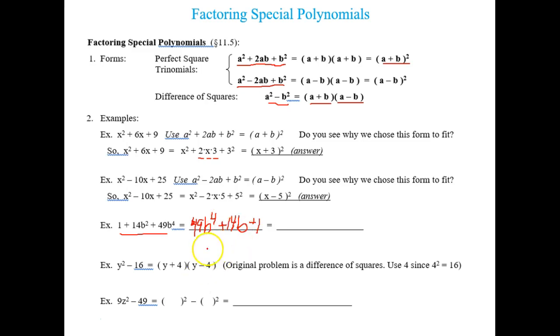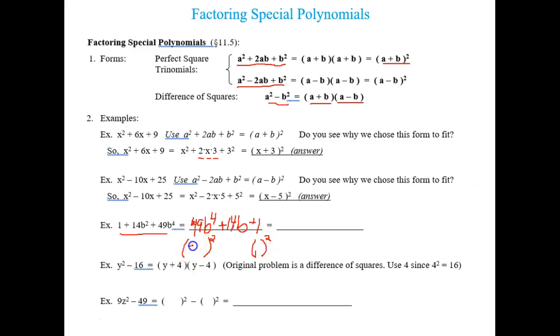But all right, so then ask yourself, is this a perfect square? Well, the first thing is 49. That's a perfect square, 7 squared. B to the fourth could be thought of as b squared squared, and 1 is a perfect square. So you kind of think to yourself, okay, what squared would give me the first term? And what squared would give me the last term?